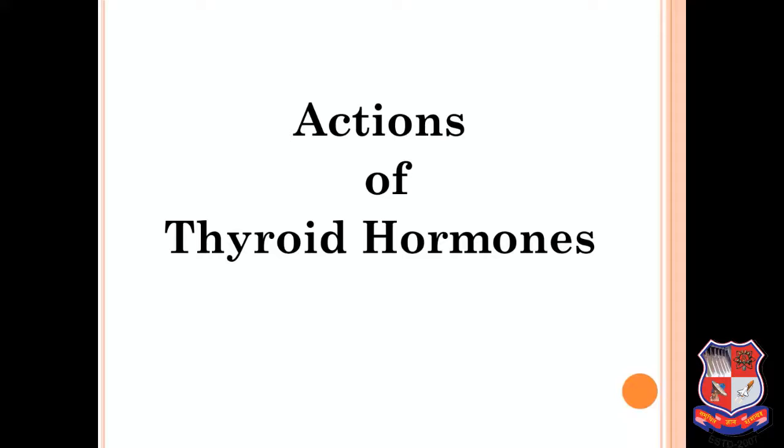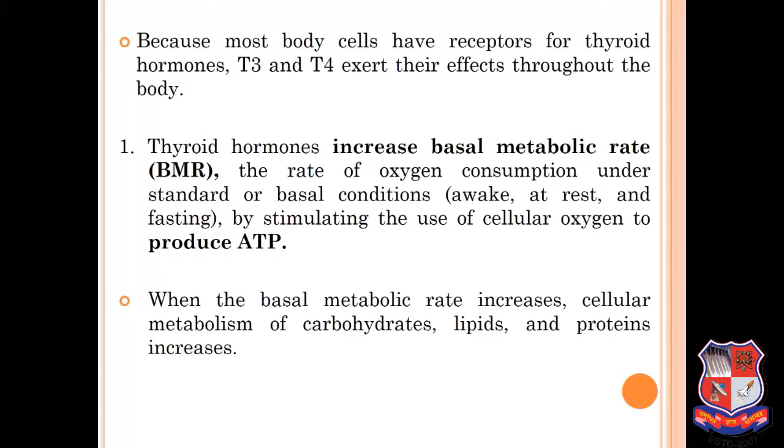Now the second part of today's lecture is actions of thyroid hormones, means functions of thyroid hormones, means physiology of thyroid. Most body cells have receptors for thyroid hormones, so T3 and T4 produce their effect throughout the body.